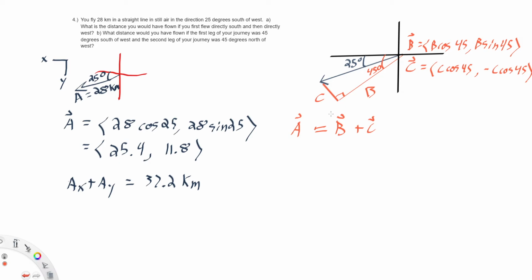So we can write 25.4, this is the x part, equals B cosine 45 plus C cosine 45. And in the y direction, we can write 11.8 equals B sine 45 minus C sine 45.